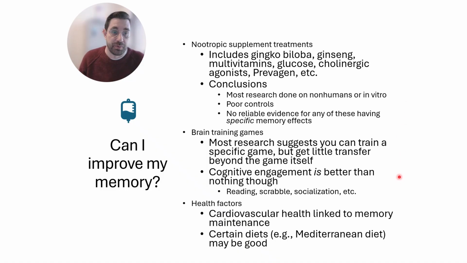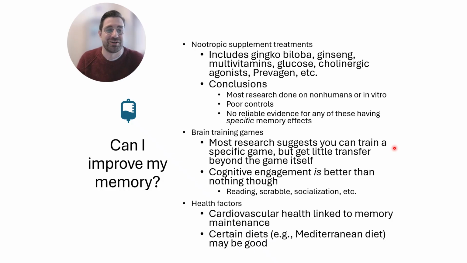The other thing people propose is that maybe your brain is like a muscle, and so if I train my muscle, my ability will get better. And so there's all sorts of brain training games, trying to train your long-term memory, trying to train your short-term memory through practice. The evidence for this is also not solid. Generally, brain training games help train your brain for brain training games, right?